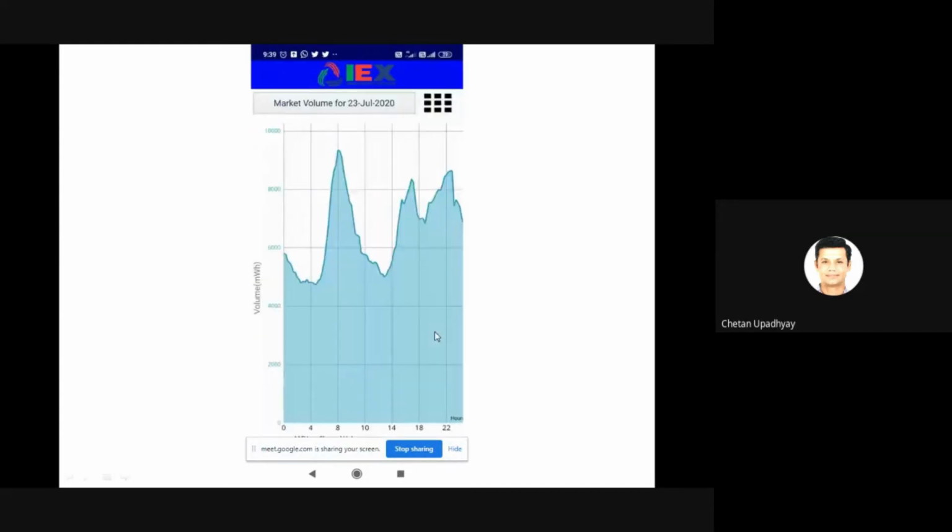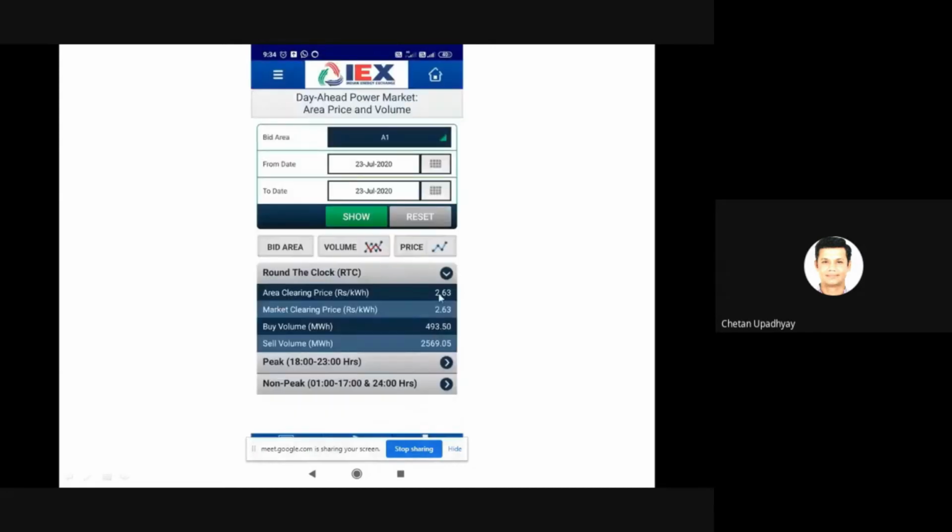So it will show the region wise cost, and this region is particularly buying 493.5, and sell is done in this region, that is 2,569 mega units.